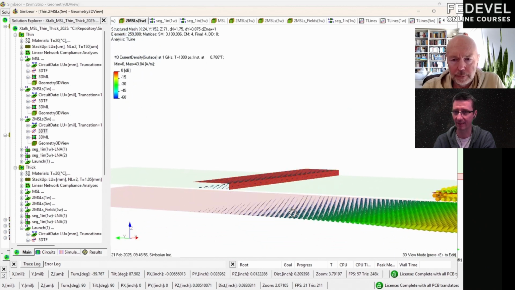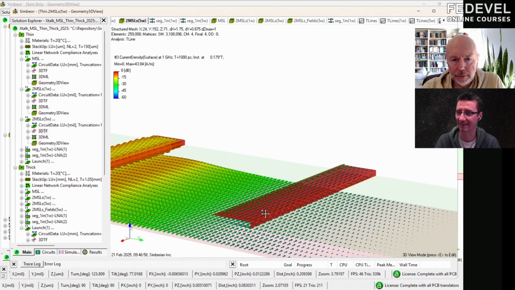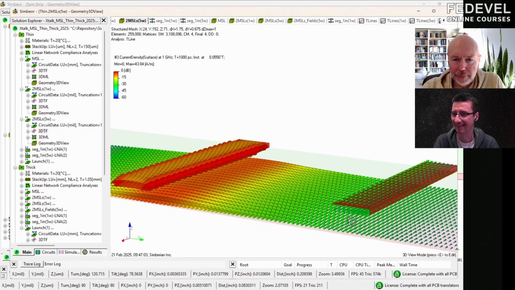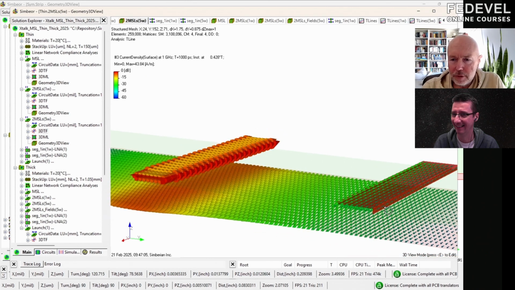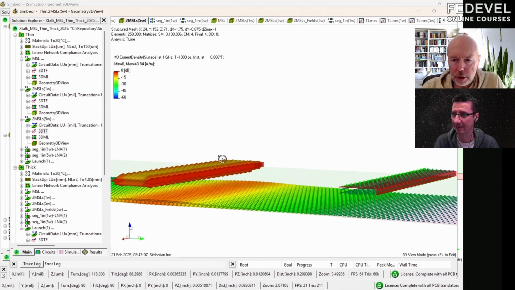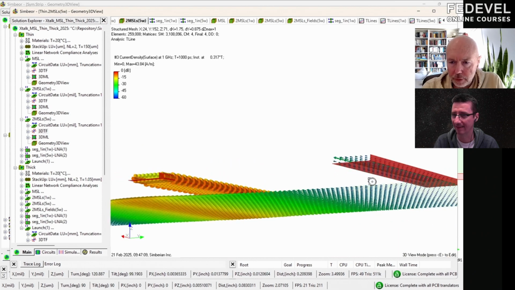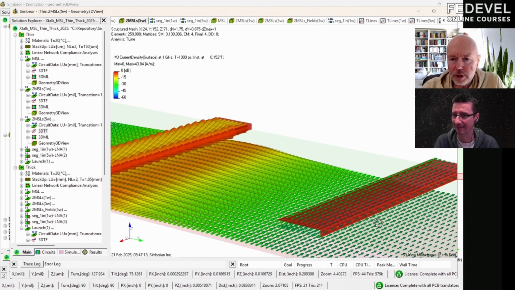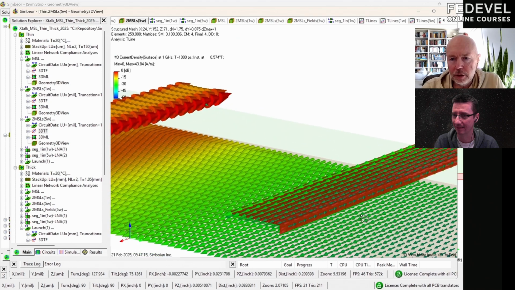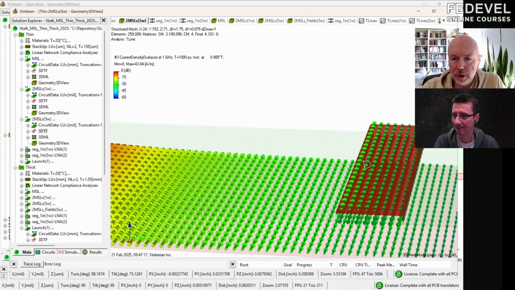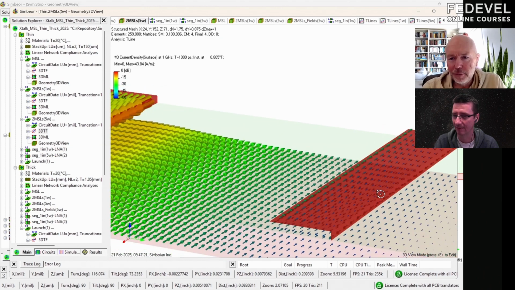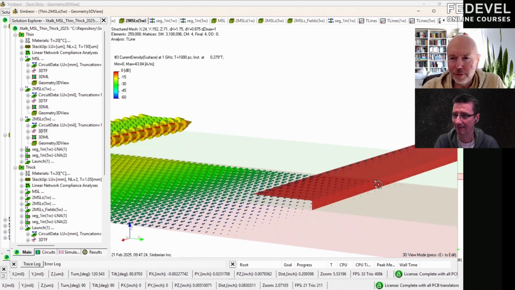The victim is on the left now. Sorry, I sometimes do this. And this is the victim and this is the aggressor. And we can see the currents in pretty much the same pattern, oscillating in different directions on the opposite sides of the trace.